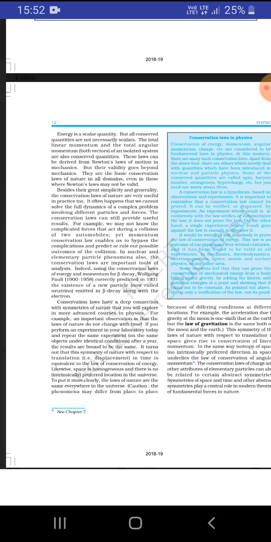A scalar has magnitude but does not have direction, whereas a vector has both magnitude and direction.